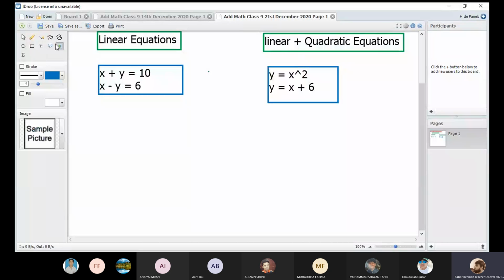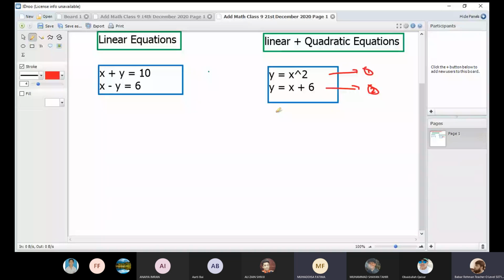Can anybody tell me what we should do over here? If I want to solve this equation, I use my red pen to solve this. Okay, you know the value of y. I say that this is equation number 1 and this is equation number 2. By substituting values, I can solve this. What is the value of y in equation number 1?